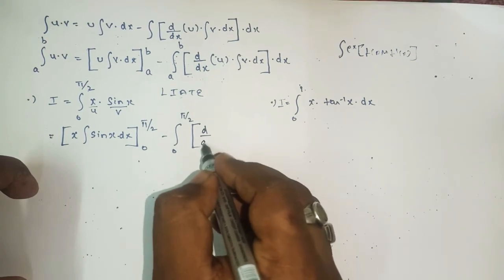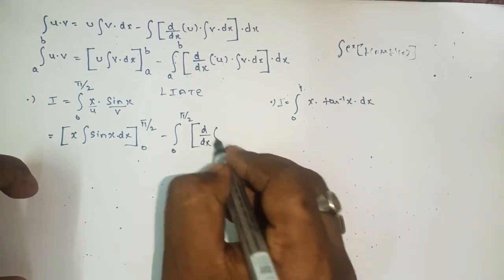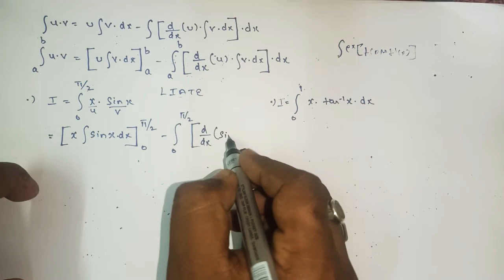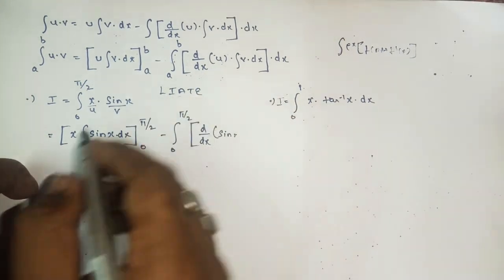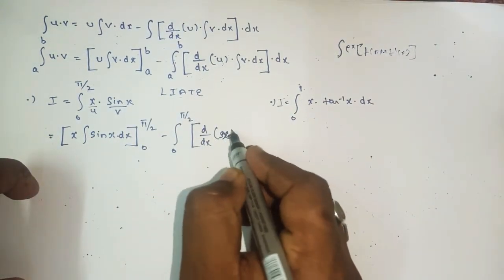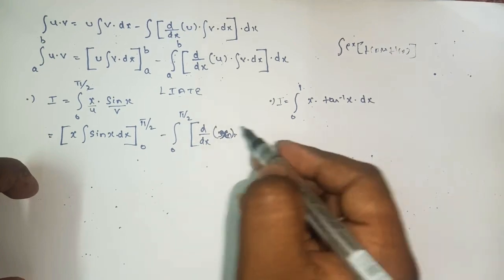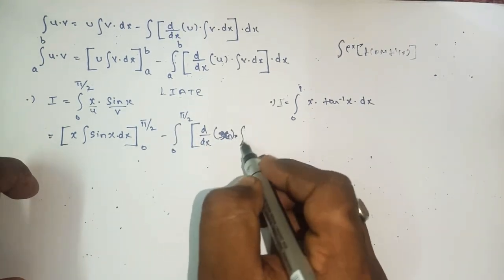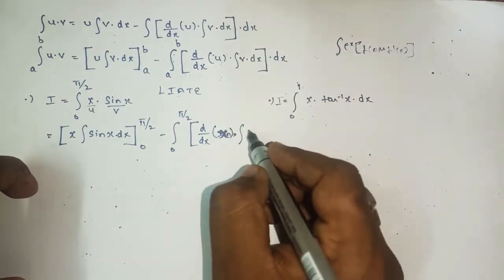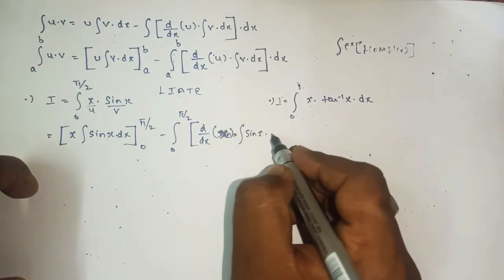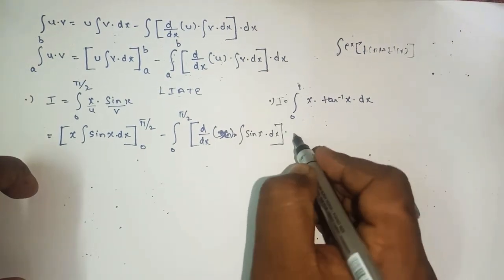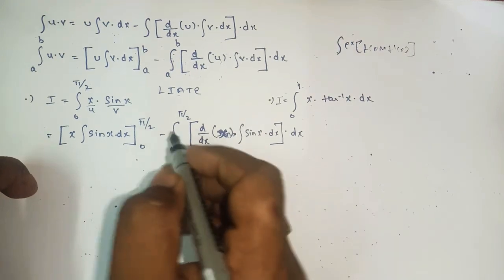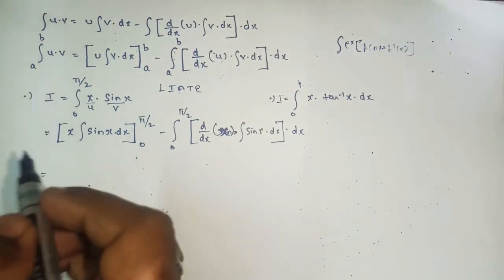Now simply replace the values of u and v. Here u is x, don't make a mistake. And integral of v is sine x into dx, and this dx is for this integral.